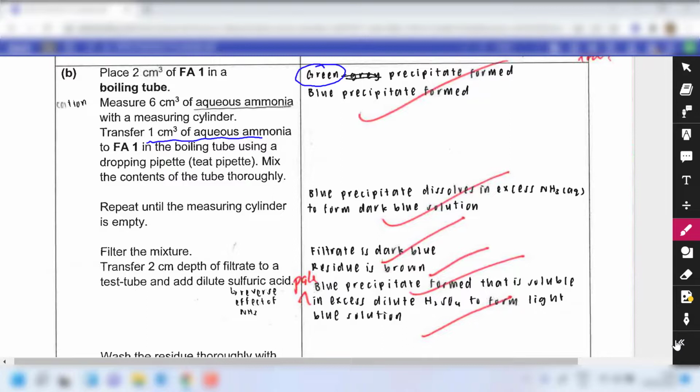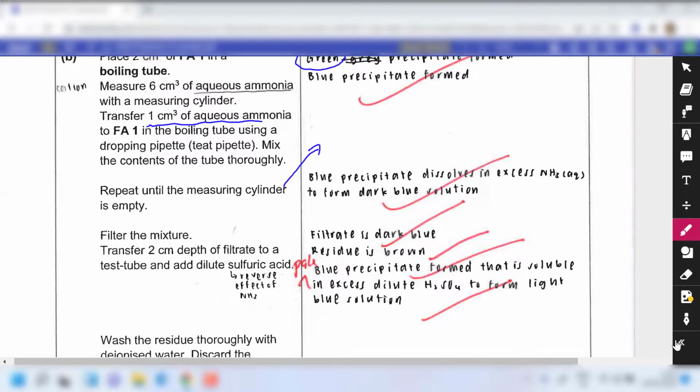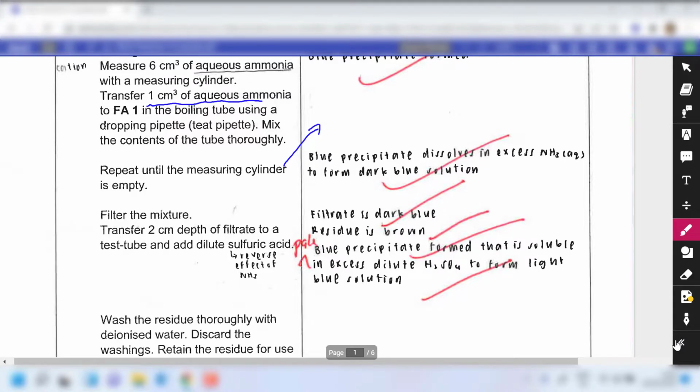What is missing is the mixture after adding everything, where you should observe a dark blue mixture. He or she wrote blue precipitate dissolves to give a dark blue solution, but this is still a mixture.